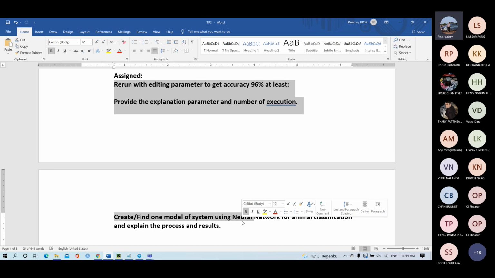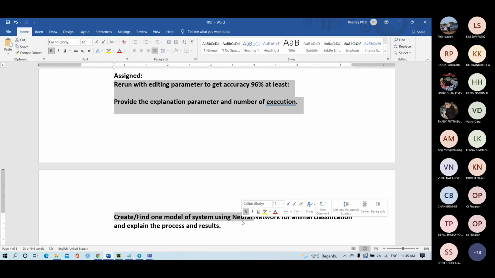Rerun the code with editing parameters to get accuracy of 96 percent and provide the explanations of your parameter and number of epochs. Number of epochs or number of executions.